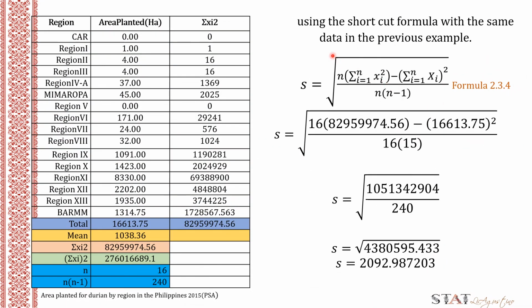Okay, so using the shortcut formula with the same data in the previous example. So we have here the sample size, 16, and then summation of xi, you square it, summation of xi squared, 0 squared is 0, 1 squared is 1, 4 squared is 16, 4 squared is 16, 37 squared is 1,369, so on, all of the regions.